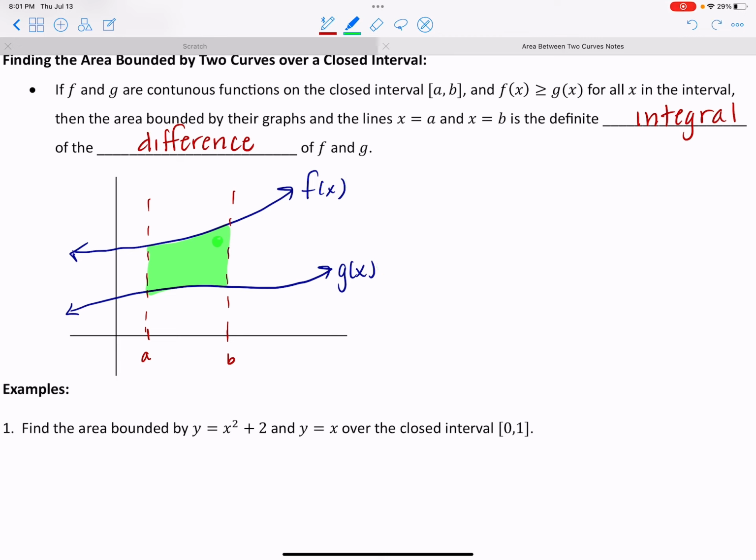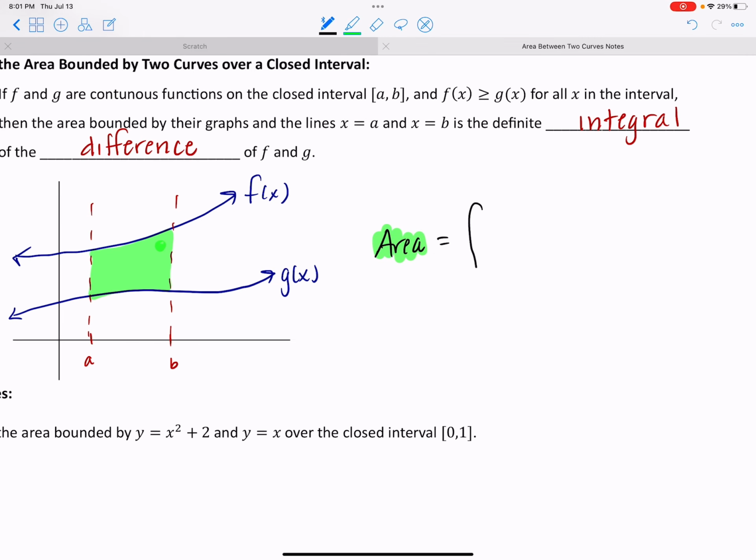So again, the area that we're looking for, which is that highlighted bounded area, is going to be found by evaluating the definite integral that starts at a, ends at b, of the difference of our two functions, where the greater function is first minus the lesser function next. And then that's it. We're making the same calculations we were doing before. There's just one additional step here. We're going to subtract two functions before we integrate, but then we'll evaluate the same way we did.